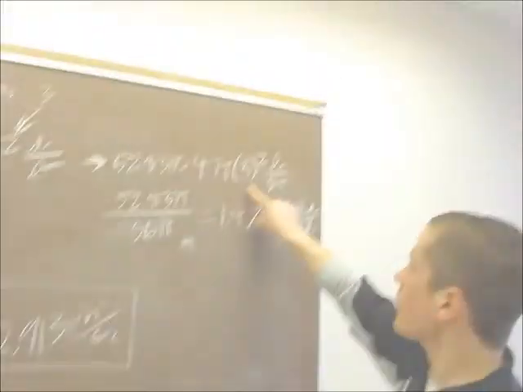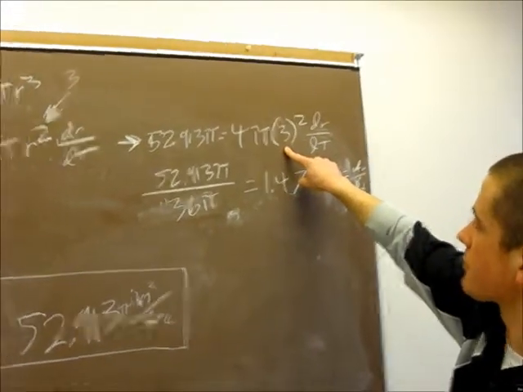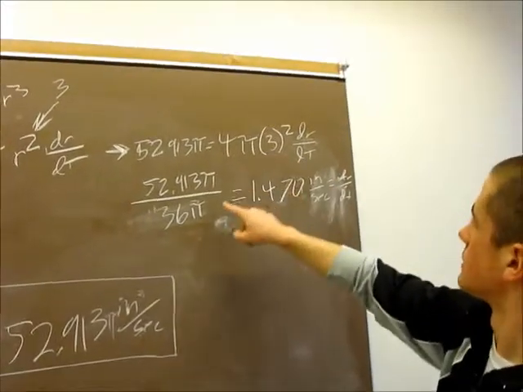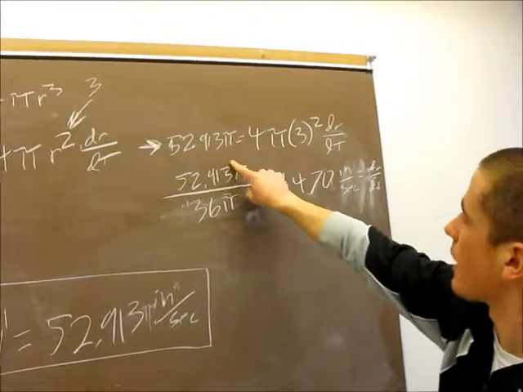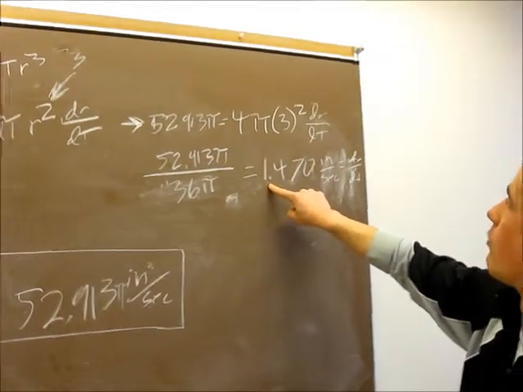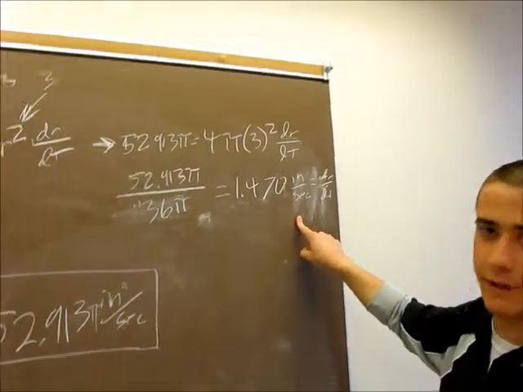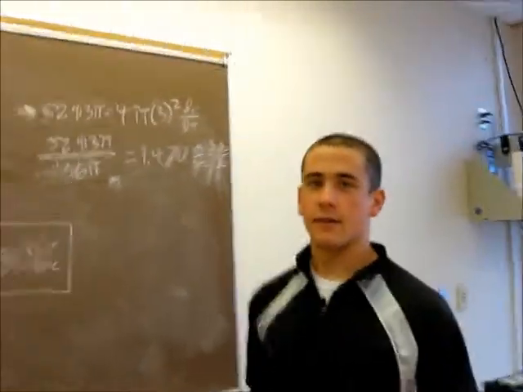And we're solving for dr/dt when the radius equals 3. So we plugged in 3, and you just divide by 36 pi. The pi's cancel out, and you get 1.47 inches a second is the rate the radius is changing when the radius is 3.